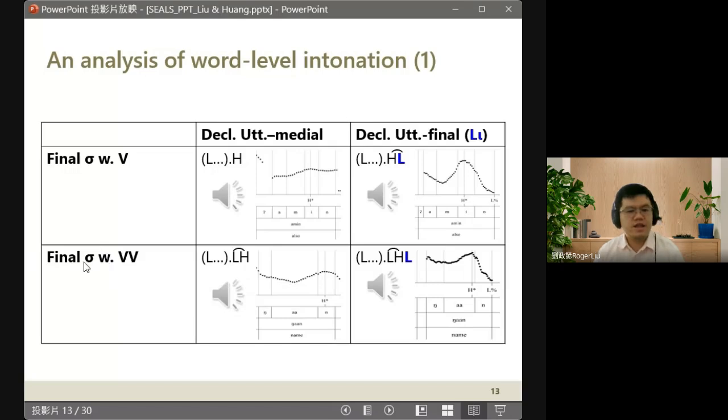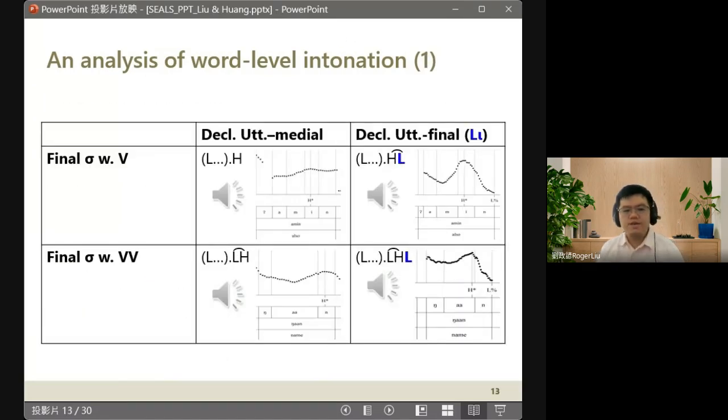And this is an analysis of the word level intonation. For example, utterance medially, a word like this will be pronounced like amin, amin. And if the final syllable has a long vowel, it will be pronounced like ngan, ngan.